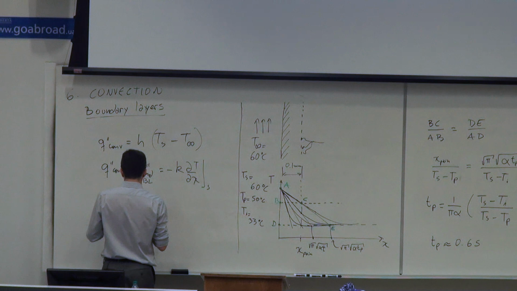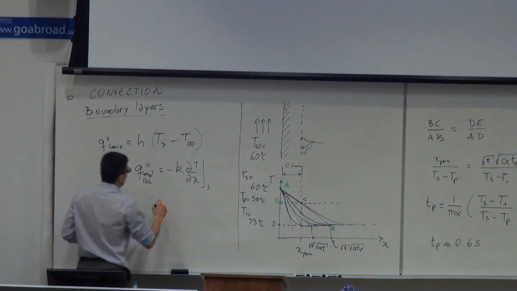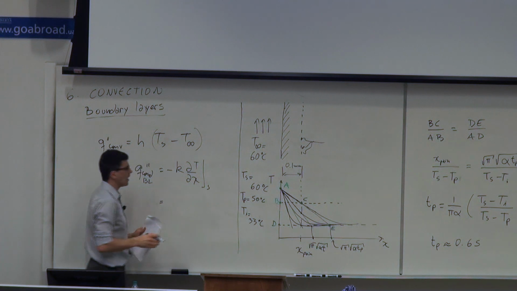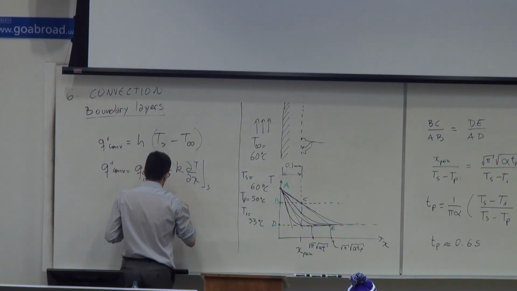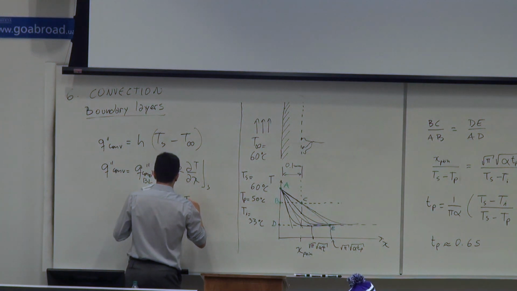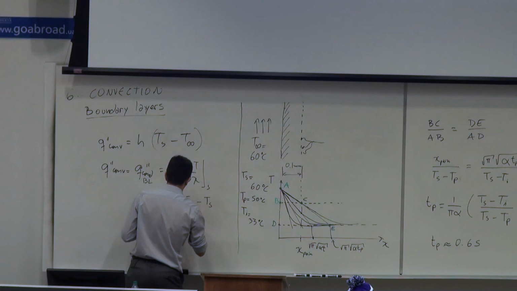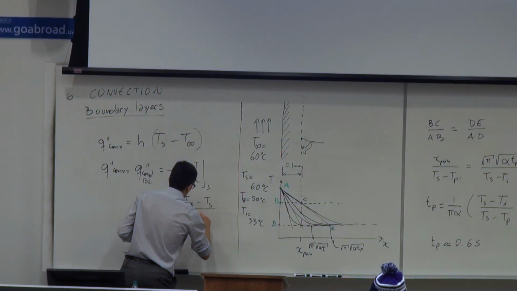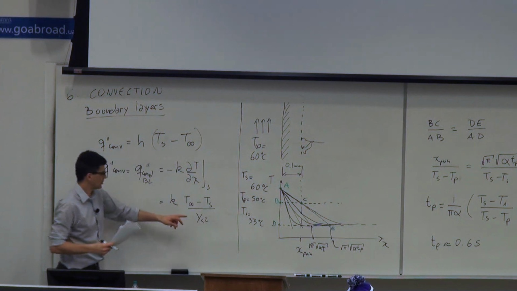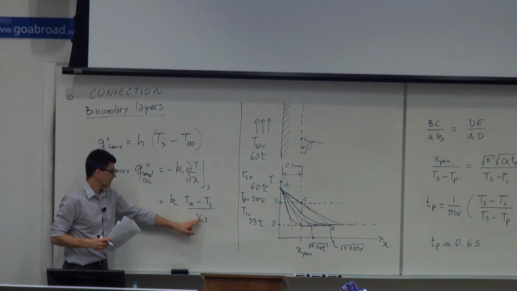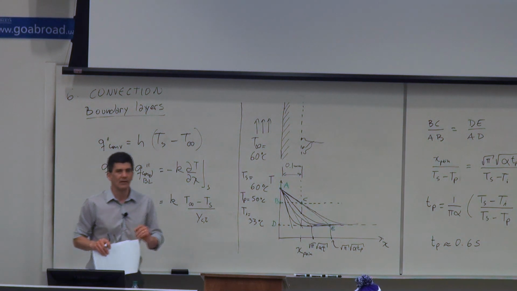So what we said is, if you remember how we like to define things, we can say this is k times (T infinity minus Ts) over y, and I'm going to introduce a new term, y_ct, right? I'm going to tell you soon what y_ct is, right?